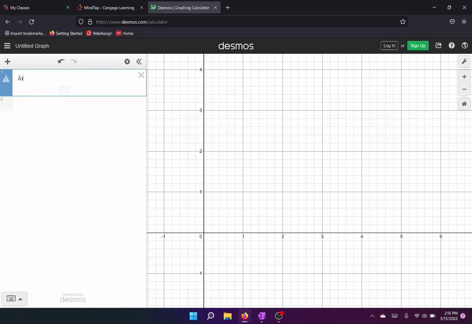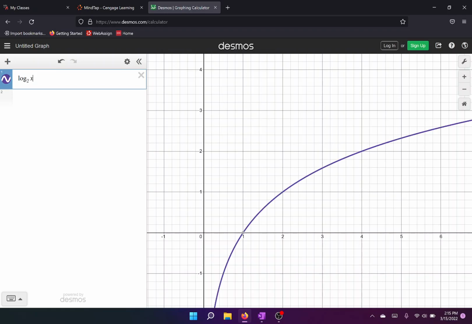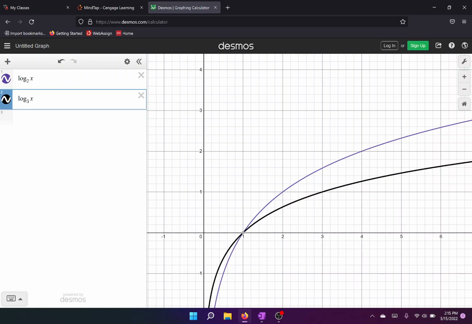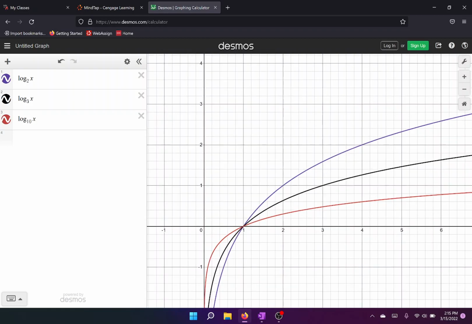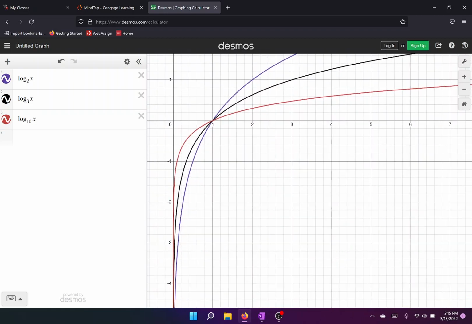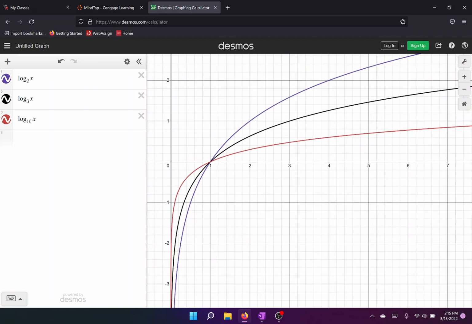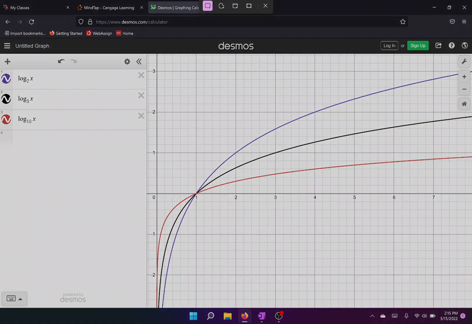So we have the log base 2 of x, so that's in purple. Then we have the log base 3 of x, that's going to be in black. And then we'll do another one. We'll do log base, let's go 10 of x, and that'll be in red. And what you can see is my domain is going to be from 0, not including 0, and it's going to stay positive.